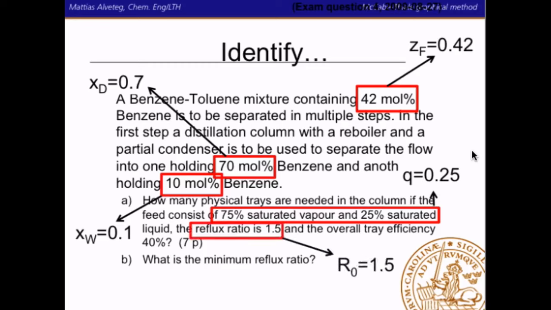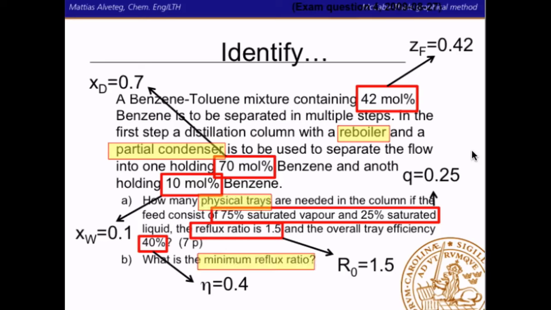The reflux ratio is 1.5 and the overall tray efficiency is 0.4. We must note that the distillation column is equipped with a reboiler and a partial condenser, not a total condenser. And we need to calculate the number of physical trays and the minimum reflux ratio.